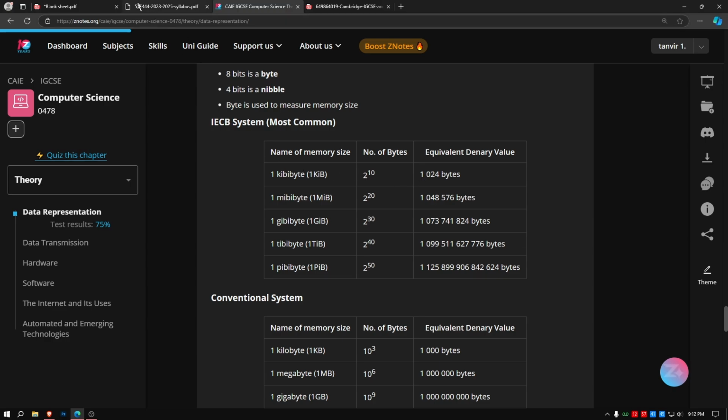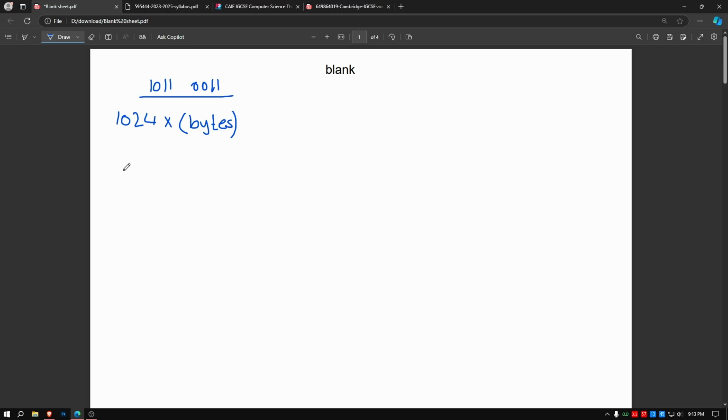Then there comes the mebibyte. A mebibyte is basically 1024 kibibytes. So take this whole thing and multiply by 1024.